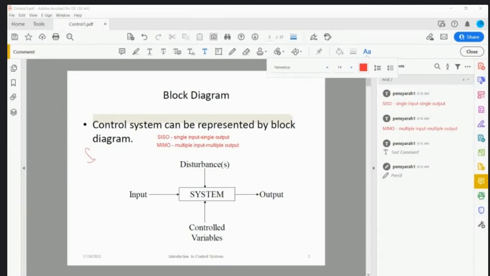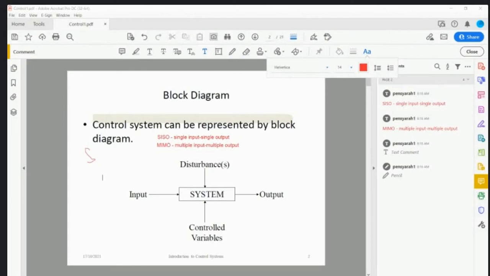So we need to determine what the control variable is for this system. That's why you need to understand the flow and the process and also the components in the system, so that you'll be able to identify the control variable for the system.